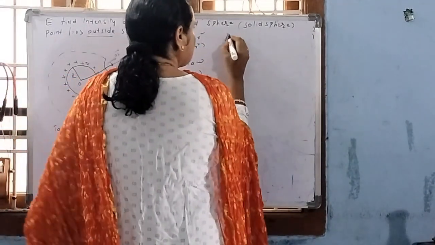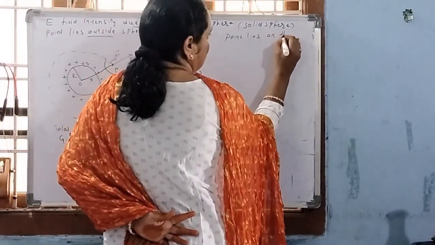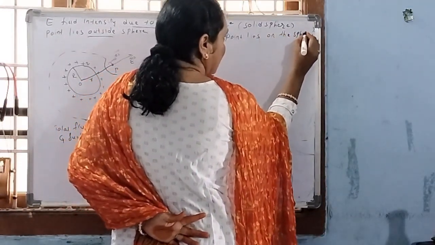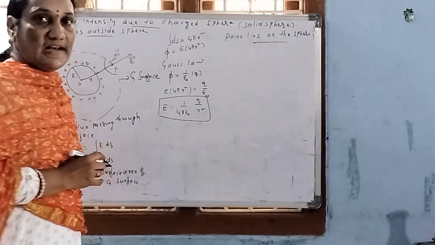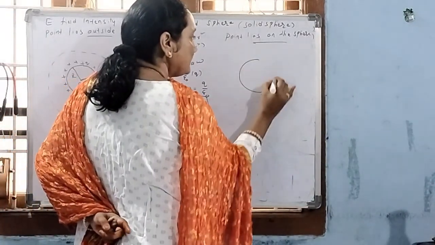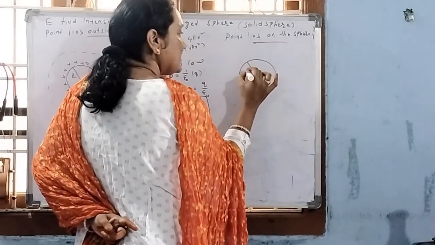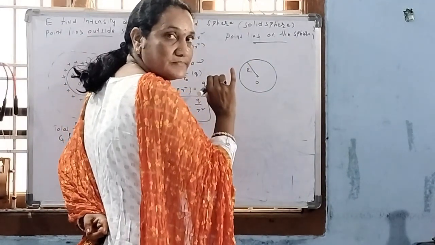Case 2, when the point lies on the sphere. So now this is the sphere. As usual, center O, radius is R. Right?